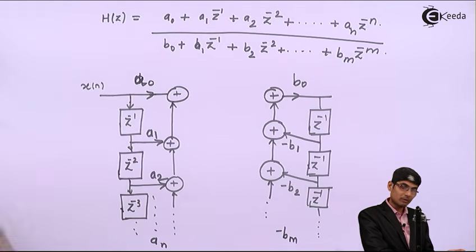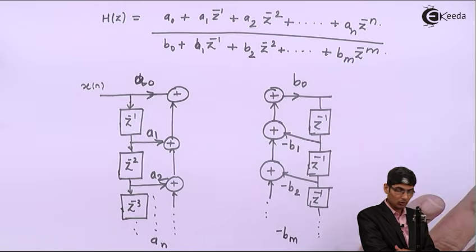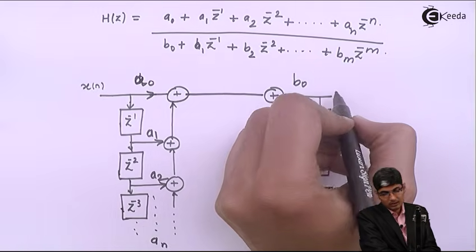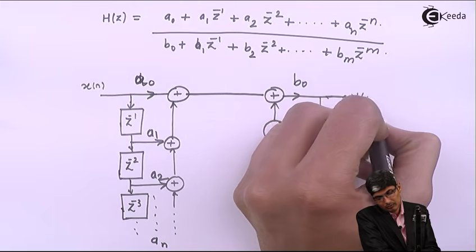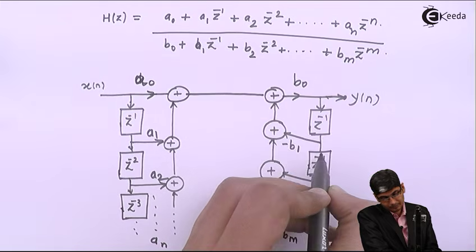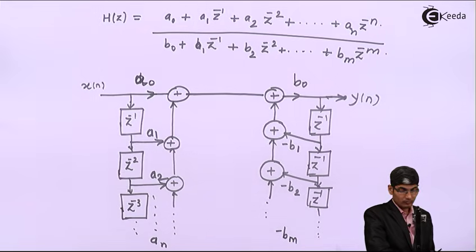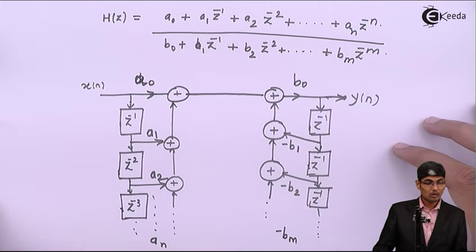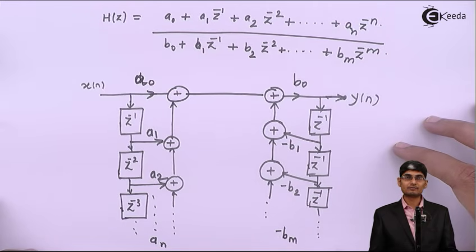Denominator polynomial will be coming backwards, numerator polynomial will be going forward, and then connect them both. Here you get the output y of n. So this is y of n. Okay, so this is what the general form of direct form 1 structure is. Thank you.